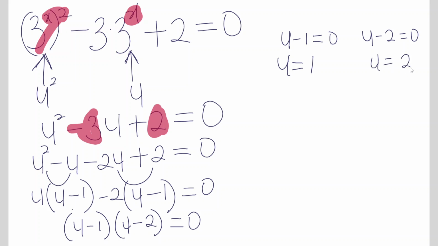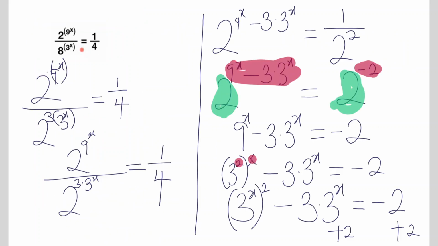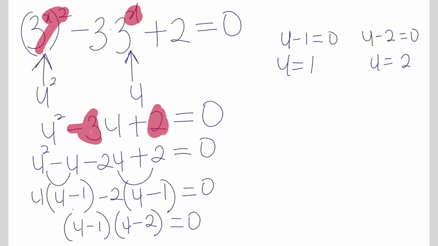So these are the 2 solutions. But don't forget that we've already substituted the value of 3 to the power of x as u. Then we're going to be writing it back.